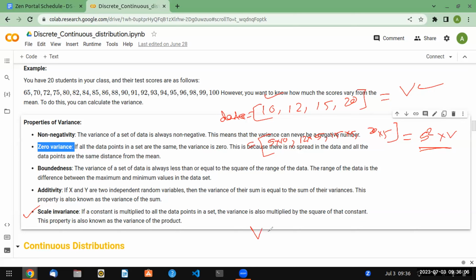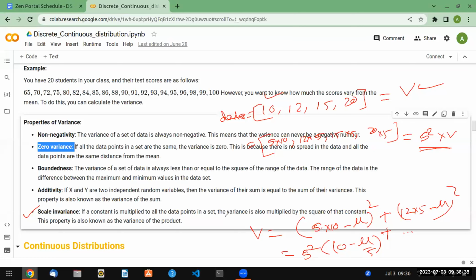Now what is the variance formula? 5 into 10 minus mu square plus 12 into 5 minus mu square plus, like this you have to do, isn't it? Now if we take 5 common, it will be 5 square, 10 minus mu by 5.